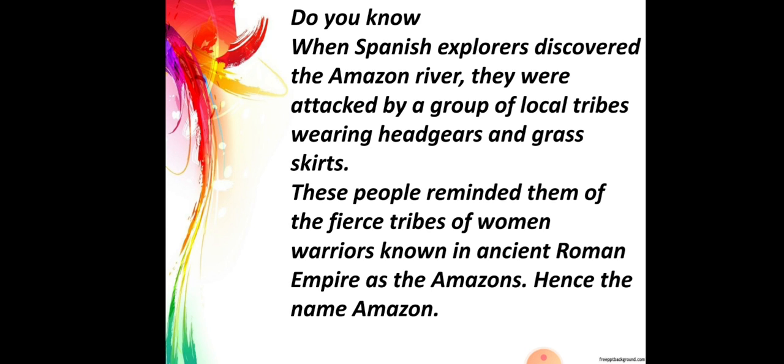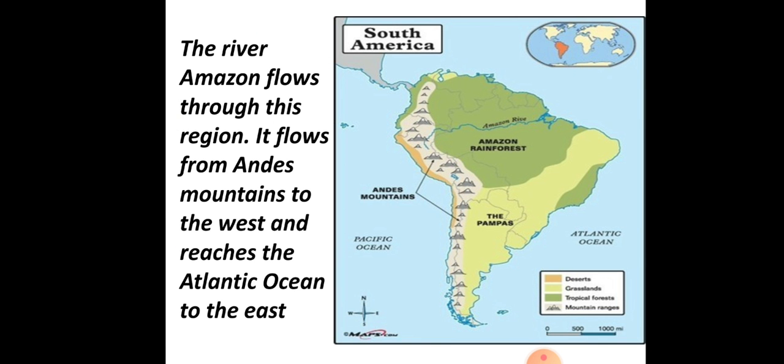Now, it is a fact that when Spanish explorers discovered the Amazon River, they were attacked by a group of local tribes wearing headgears and grass skirts. These people reminded them of the fierce tribes of women warriors known in the ancient Roman Empire as the Amazons. Hence, the name is Amazon.